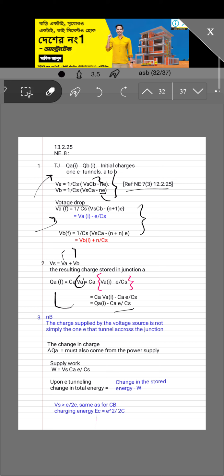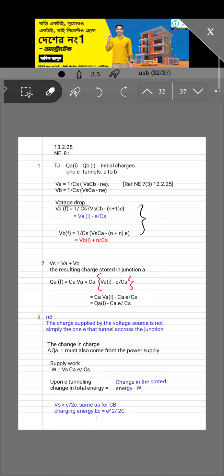Now, we must understand that whenever an electron tunneling takes place through the island, the charge supplied by the voltage source is not simply the one that tunnels out. The change must also come from the power supply, and there is a supply work associated with this to transfer the electron.